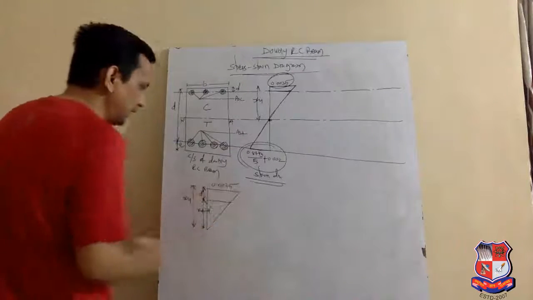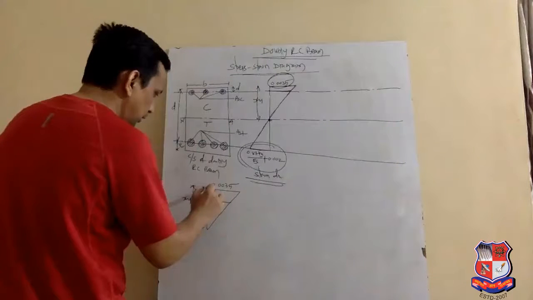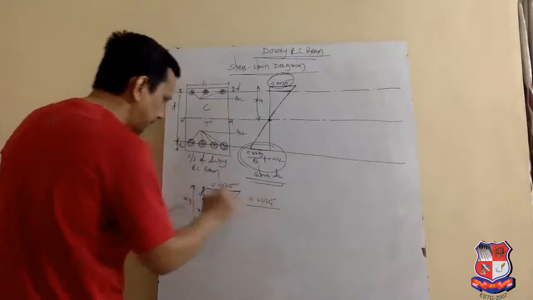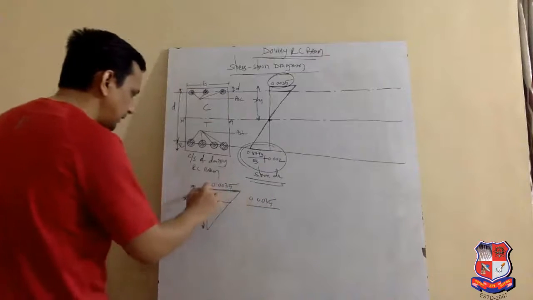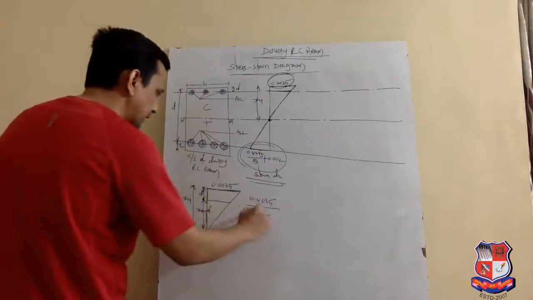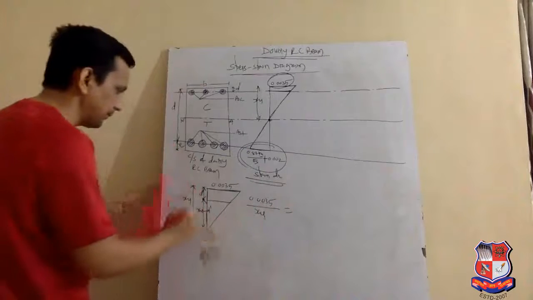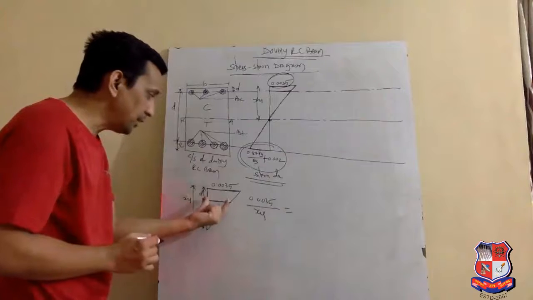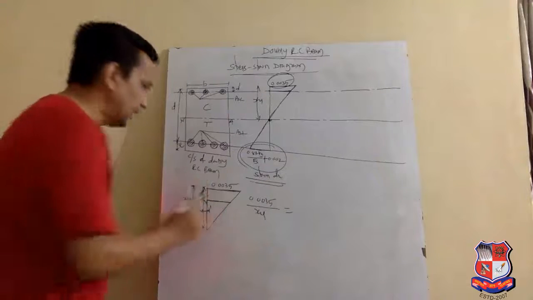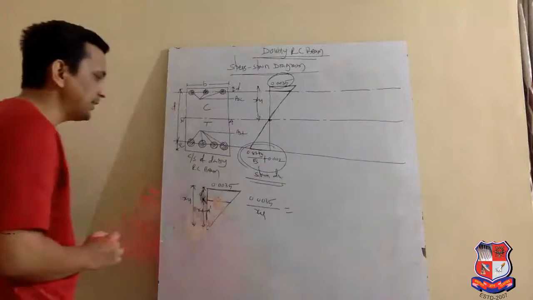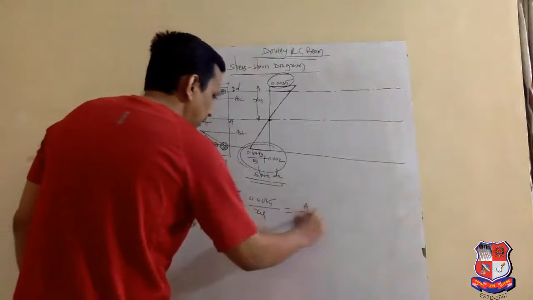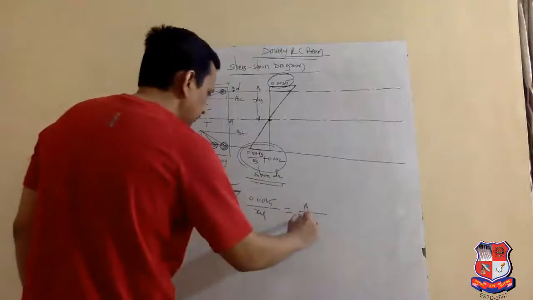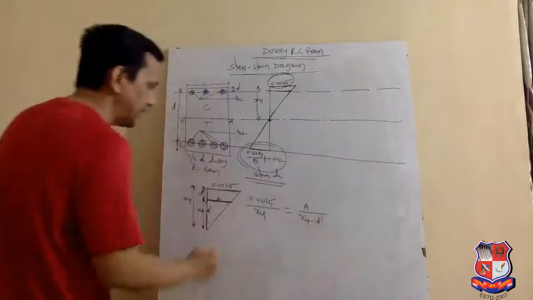Using the triangle rule, 0.0035 upon XU is equal to this value upon XU minus d dash. Our interest is to find this value. Let us denote it A.